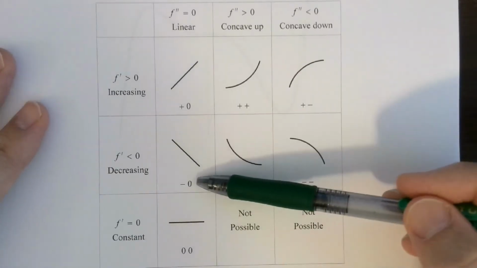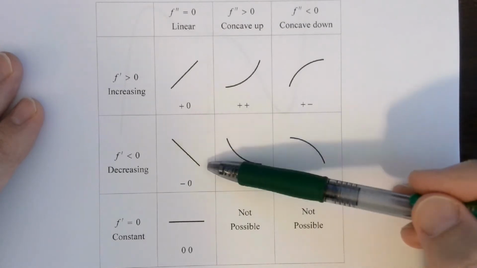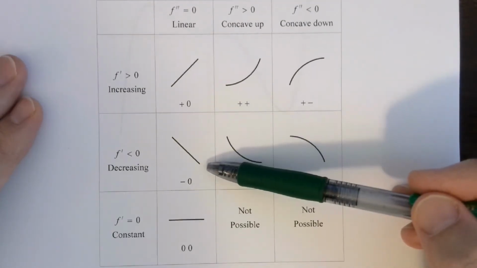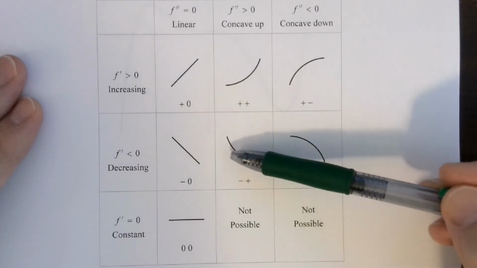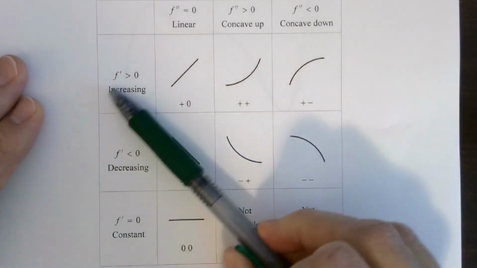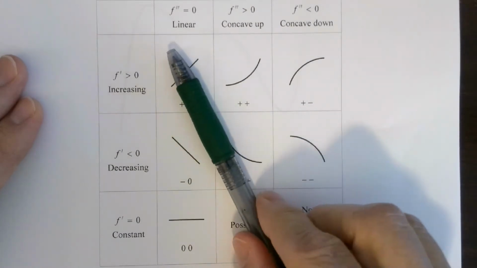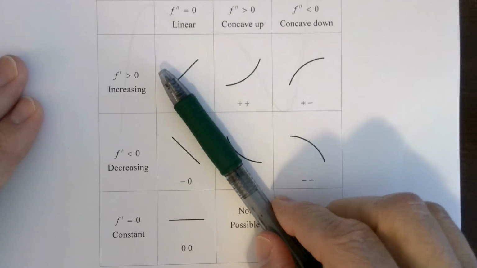I included the plus 0 shape, 0 meaning the second derivative is 0. Down here we have the minus 0 shape, so decreasing but no concavity, so we just have a decreasing line. And then minus plus: first derivative negative, decreasing, second derivative positive, concave up. So we're decreasing, but the derivative is increasing as we go from left to right. It's increasing because if you think about the tangent line as we move from left to right, it's negative at every point, but it's getting what?